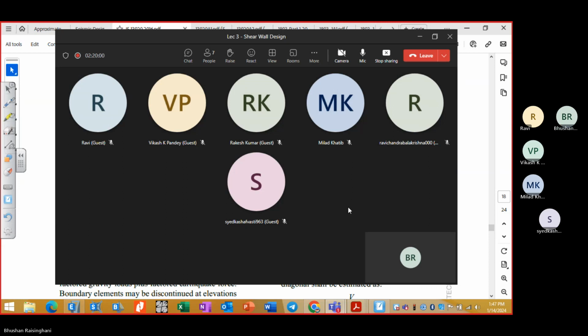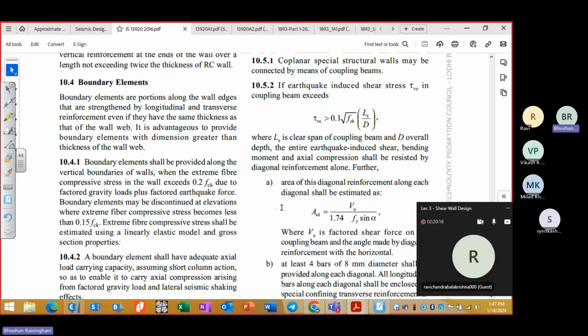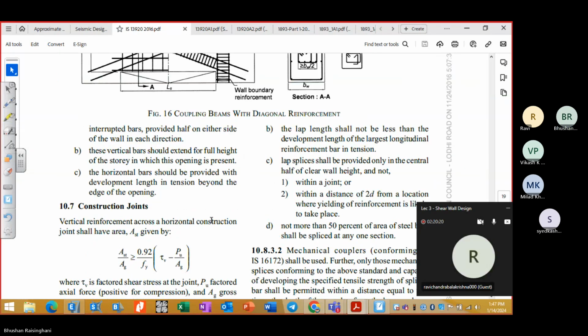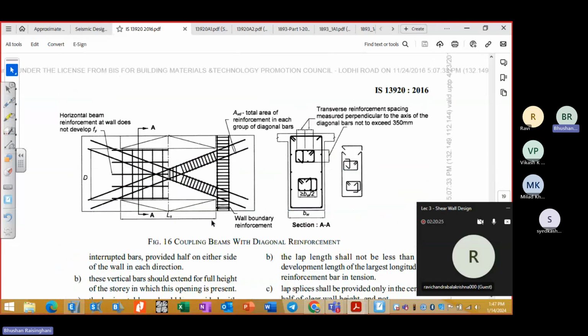Hello. Yeah, sir. We can take a break. I mean, I can continue, but do you want me to continue and complete this much part? Because the boundary element I will continue, then it will end, I think. So let me continue the code at least.